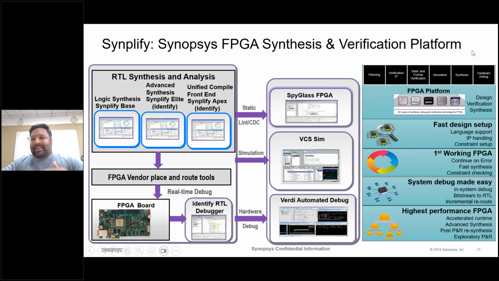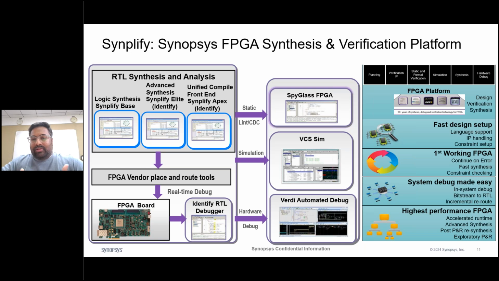Now let's look at this complete platform, and in Simplify, what are the techniques available which make it very beneficial compared to others. First, it has a broad platform, meaning multi-vendor support is available.